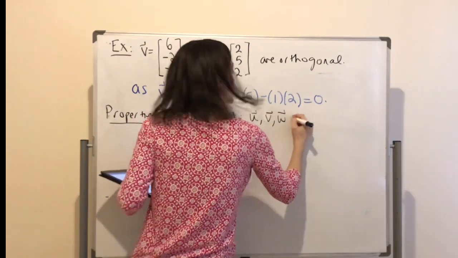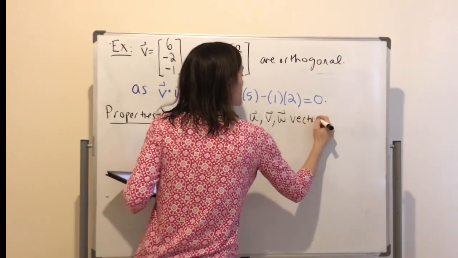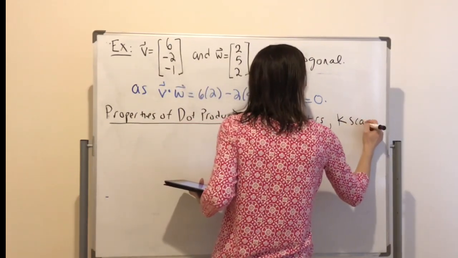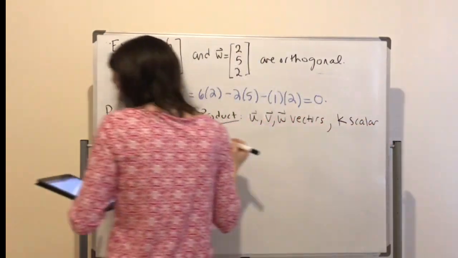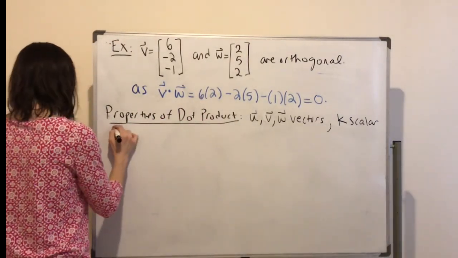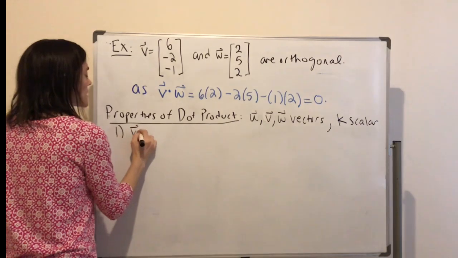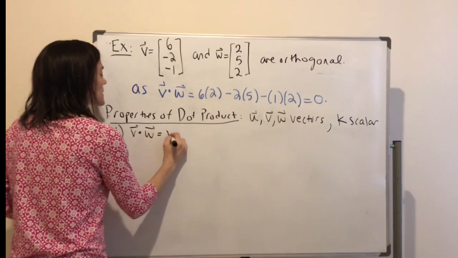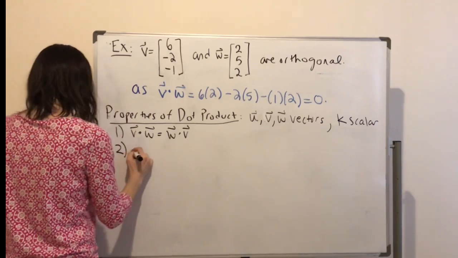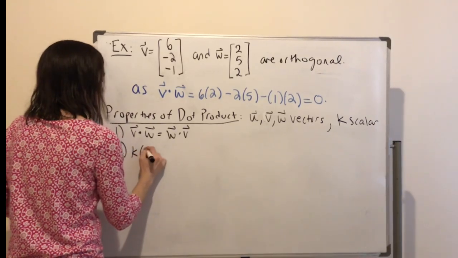Okay, so u, v, w vectors, k scalar, and then the properties that I particularly will mention. I think there might be a few more in the appendix in your text, but I will mention just a few.